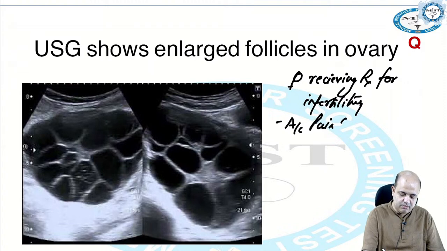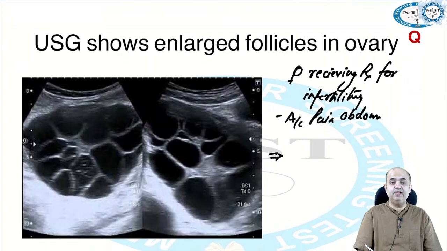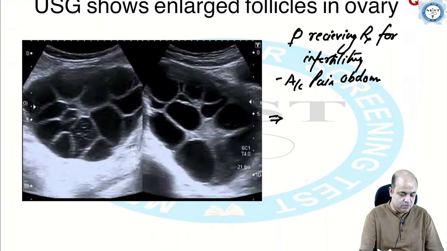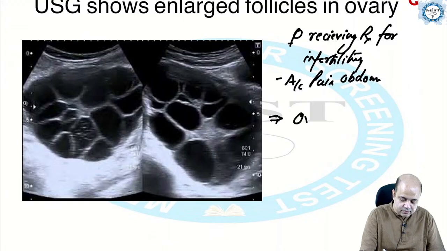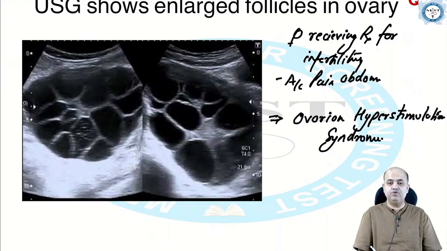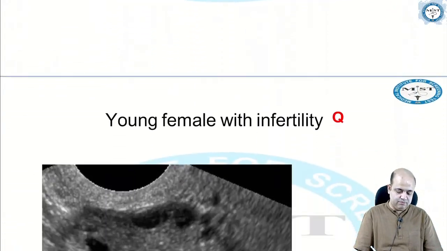This condition is called ovarian hyperstimulation syndrome.